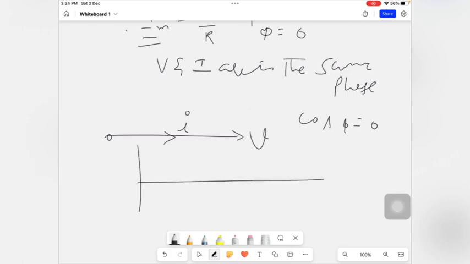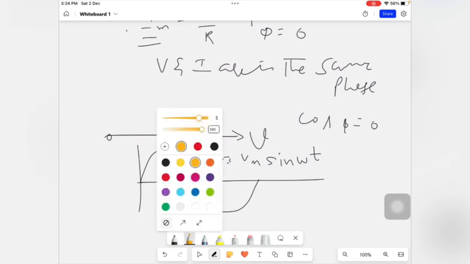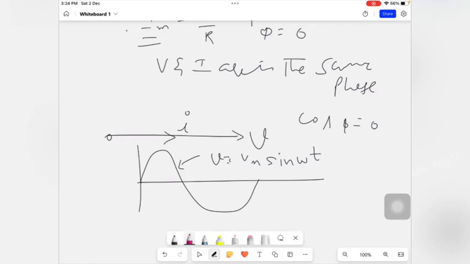Now we draw the waveforms of current and voltage in the AC circuit. The voltage waveform is given by V is equal to Vm sin omega t, and the current also starts from the same point.